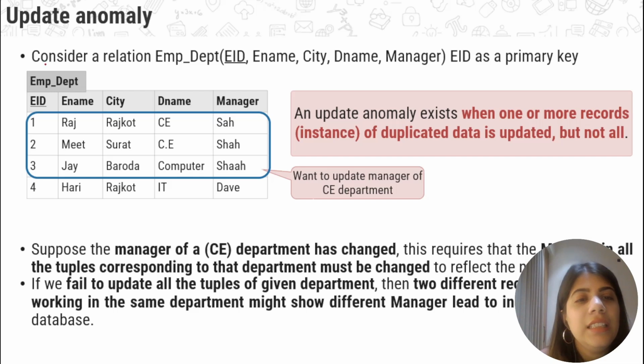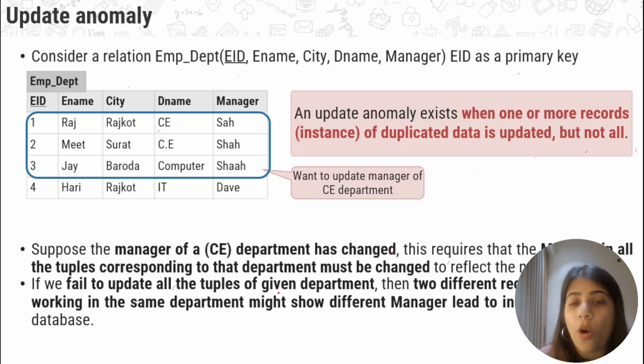Now let's see the update anomaly. We will use the same table. An update anomaly exists when one or more records or instances of duplicated data are updated but not all. So suppose the manager of the CE department has changed. This requires that the manager in all the tuples corresponding to that department must be changed to reflect the new status.